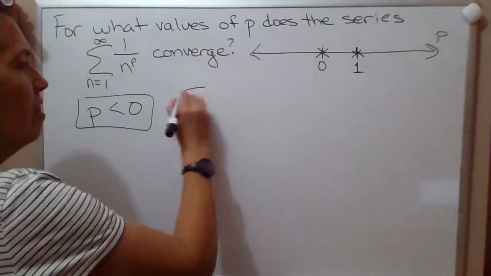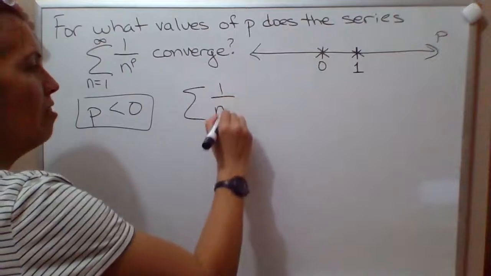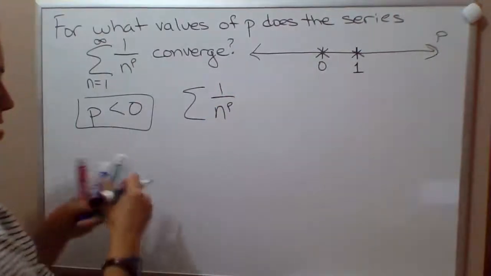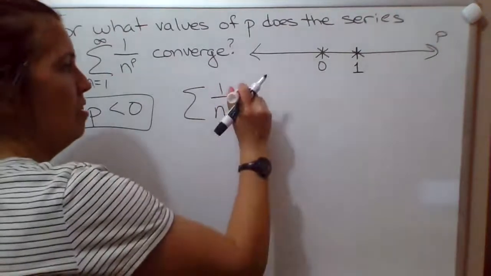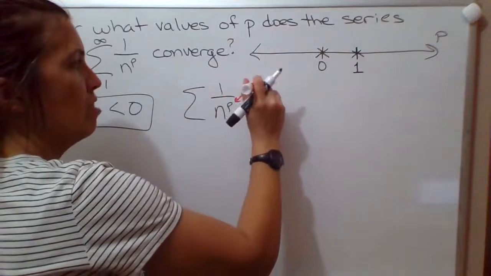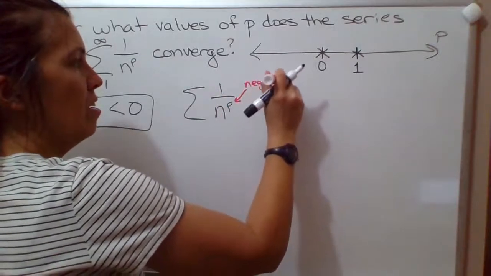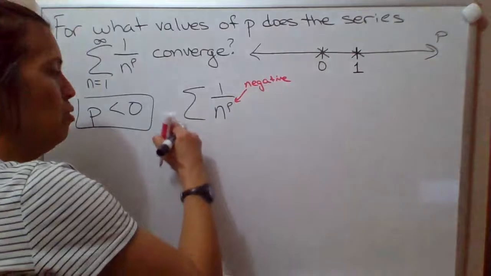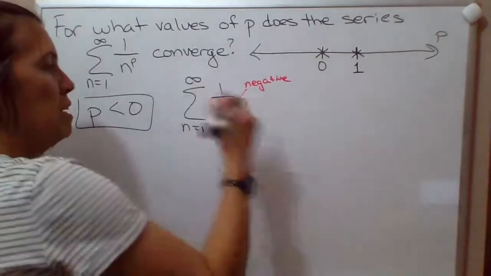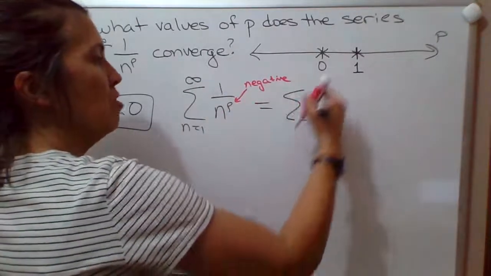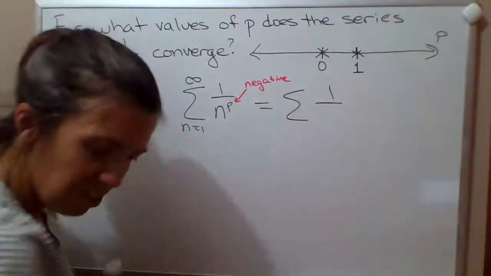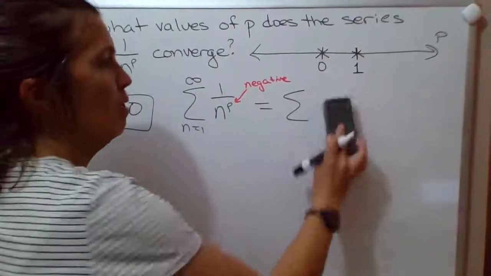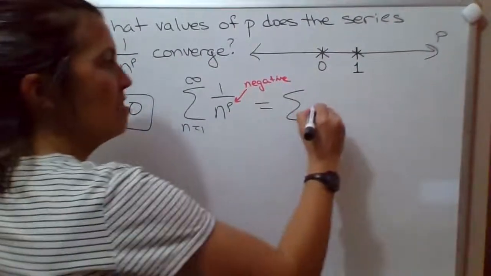Then, when we're looking at this series, if P is negative, so this is some negative exponent here, then the natural thing to do would be to move that expression to the numerator, so I shouldn't be writing 1 over anymore, and make it positive.